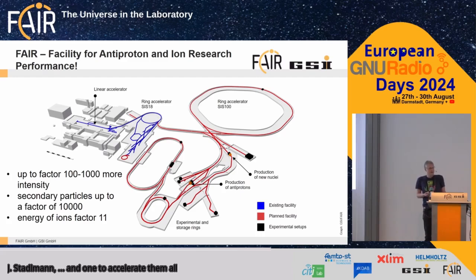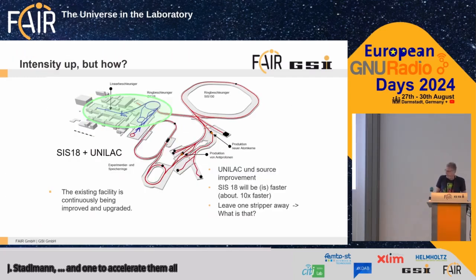I mean, it's not that the present facility is not running at full speed, so we have to have ideas how to improve that. So, of course, you can upgrade the existing facilities. It's done continuously. We have actually at GSI, our uniqueness is that we are a heavy ion lab.